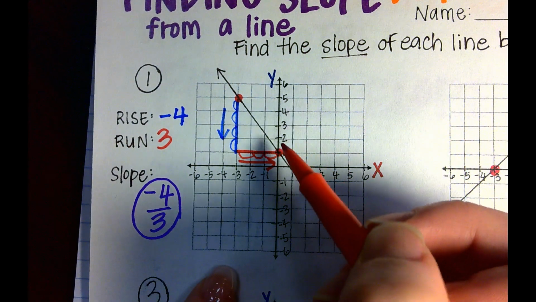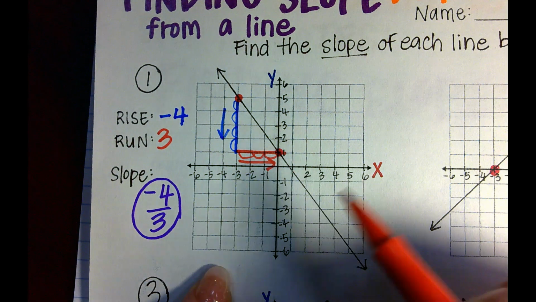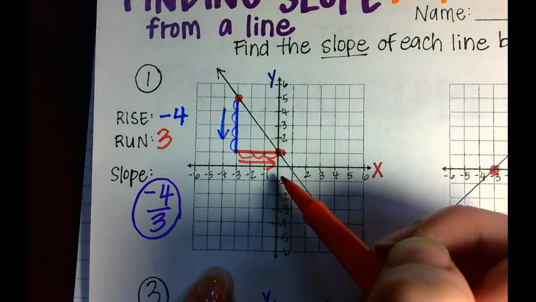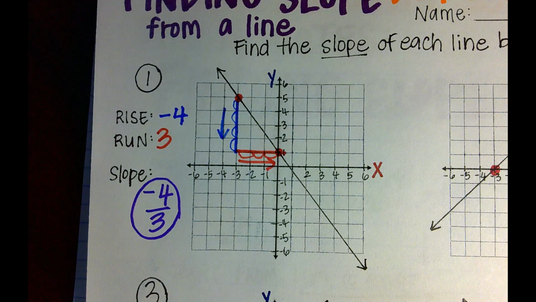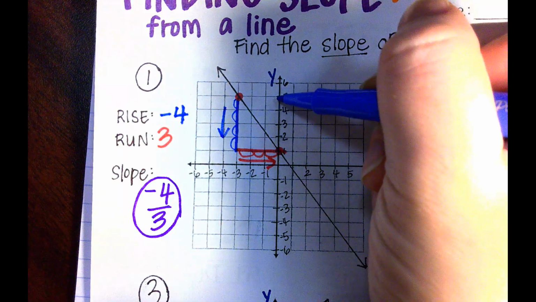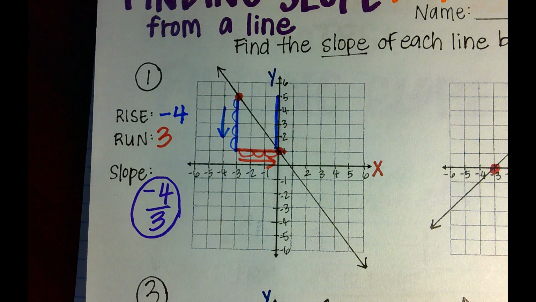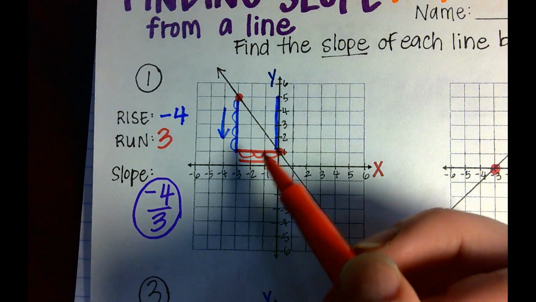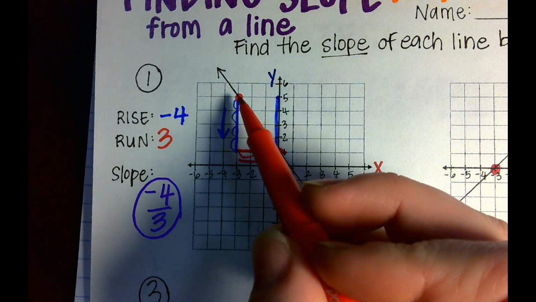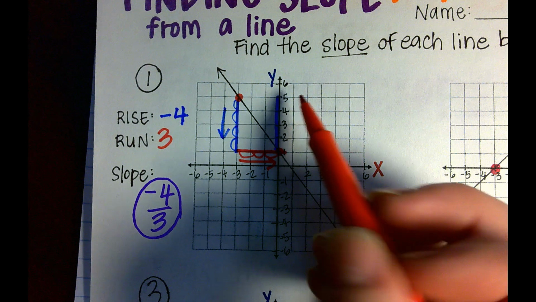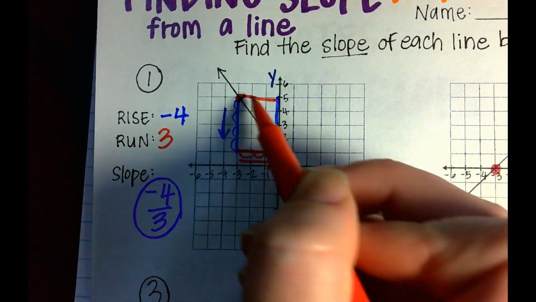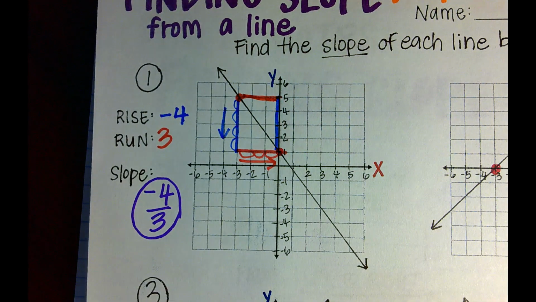You did the opposite one? Yeah, I put the line where the 5 is, and then I put the line down. Okay, so you did like that. That's how I did it. And so I went down.